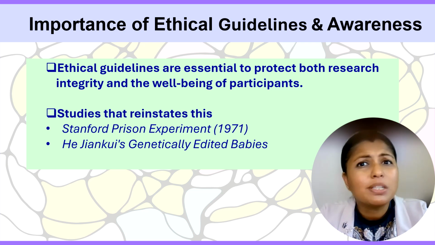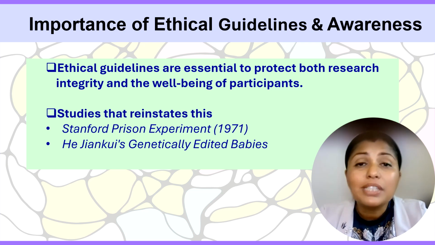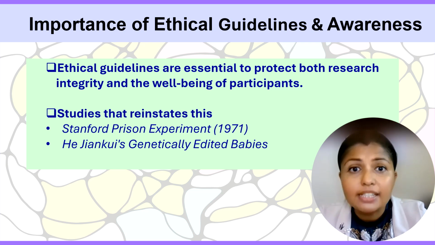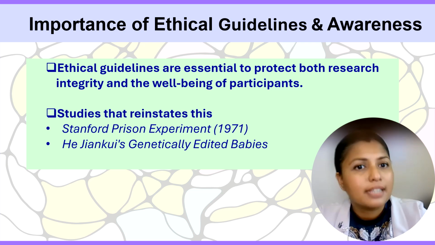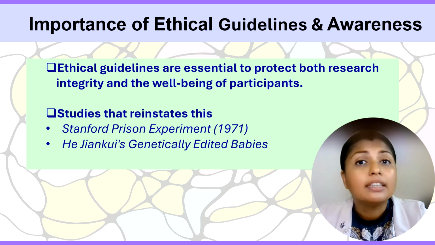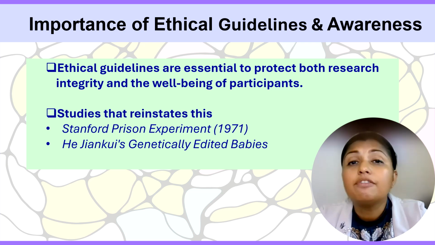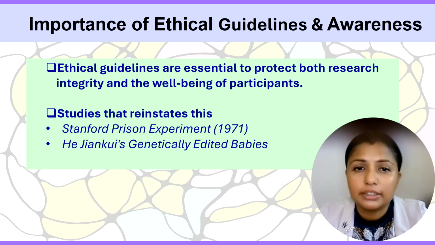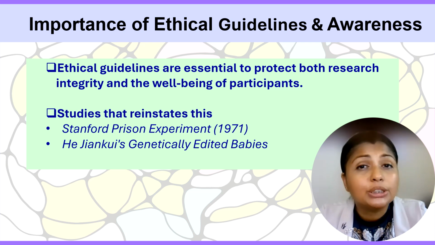The experiment was supposed to last for 2 weeks, but it was terminated in just 6 days due to extreme psychological distress. This case highlights the urgent need for strict ethical standards in research involving human subjects, especially regarding informed consent, psychological safety, and researchers' duty to intervene when harm occurs.